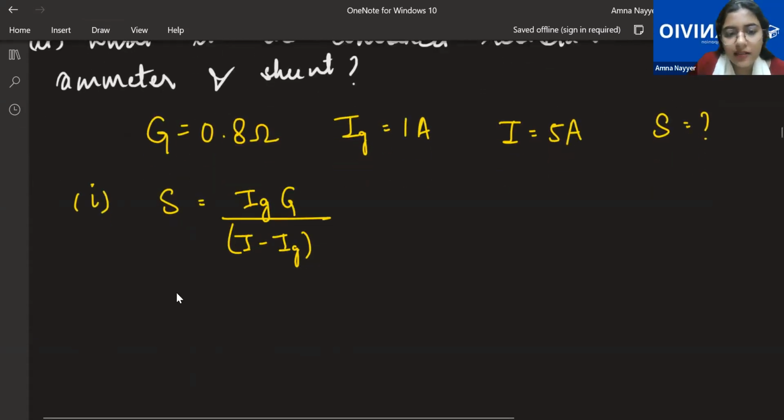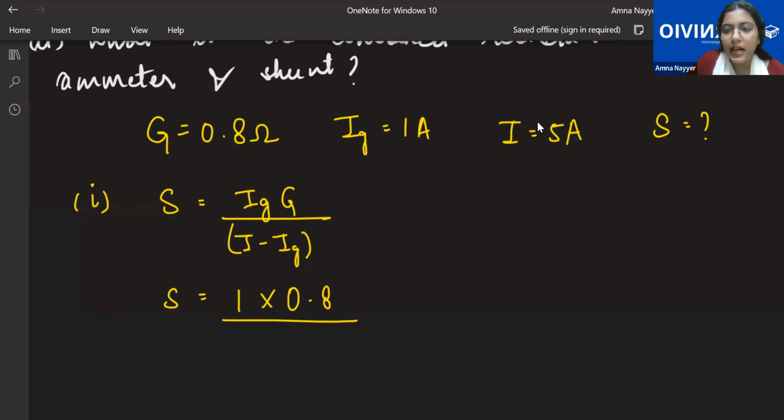Now let's put in the values. Ig is 1 ampere, the galvanometer's resistance is 0.8, divided by current 5 minus Ig 1. So this becomes 0.8 divided by 4, which is equal to 0.2 ohm. This is the shunt resistance. First tell me, is the first part clear to all? Yes, ma'am. Okay, let's come to the second part.